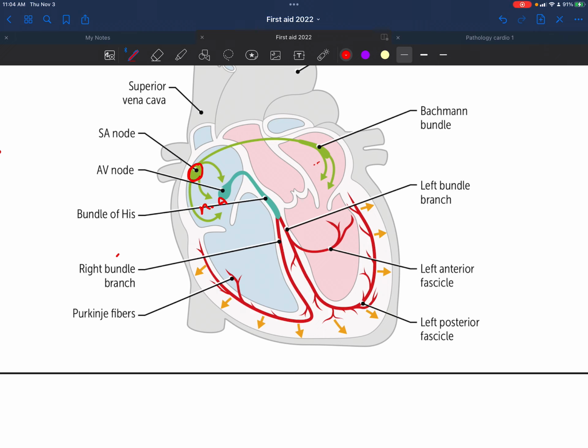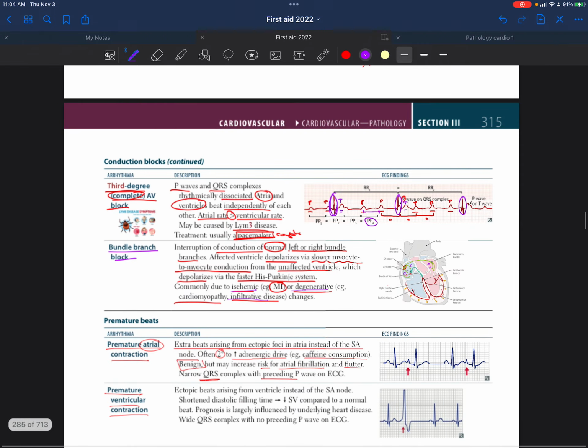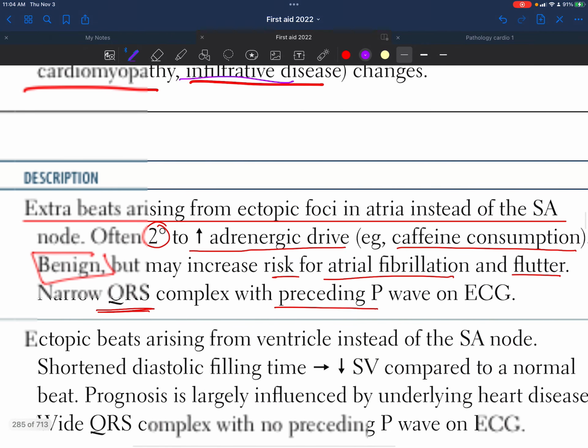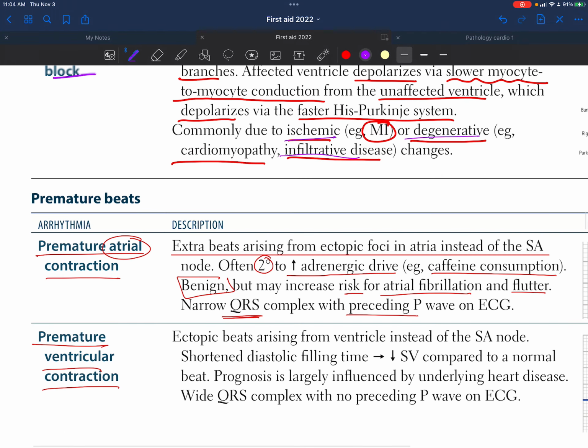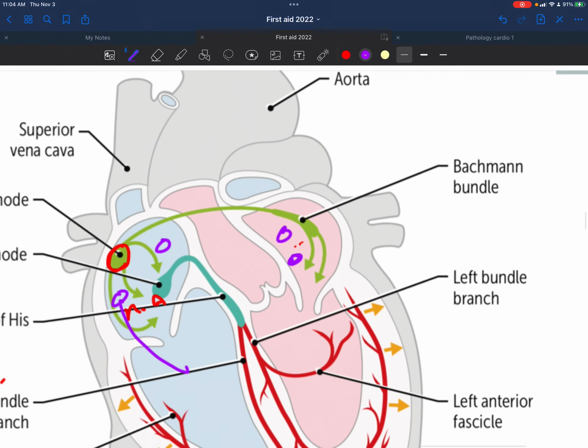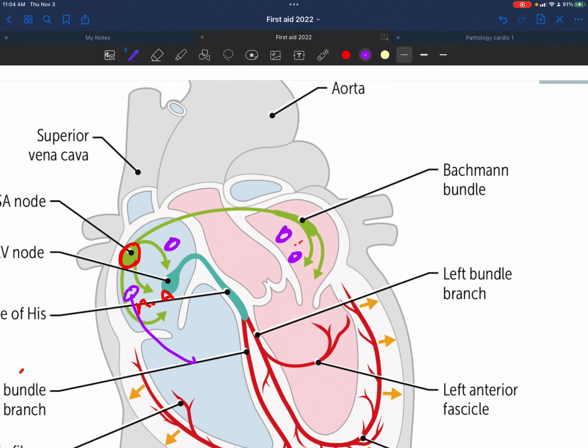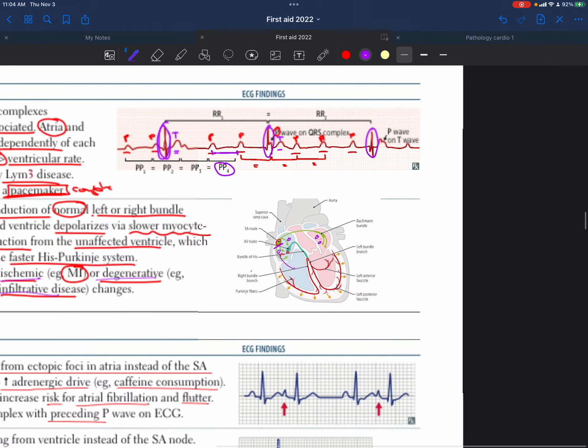atrium. So what is happening here is that there are these purple foci that depolarize on their own, and that's how they transmit the signal. This is called a premature atrial contraction because these ectopic foci have a somewhat similar capability to the SA node to induce an actual contraction in the atria.